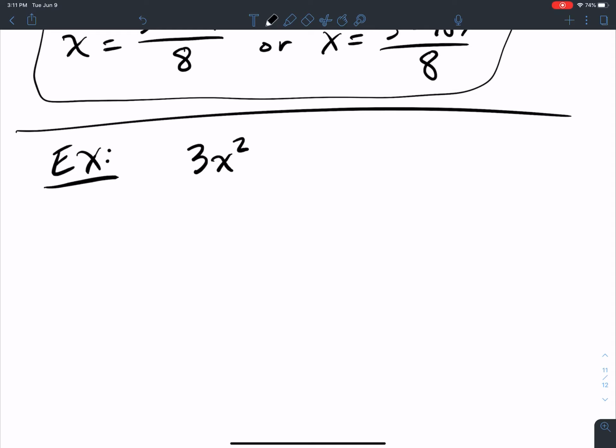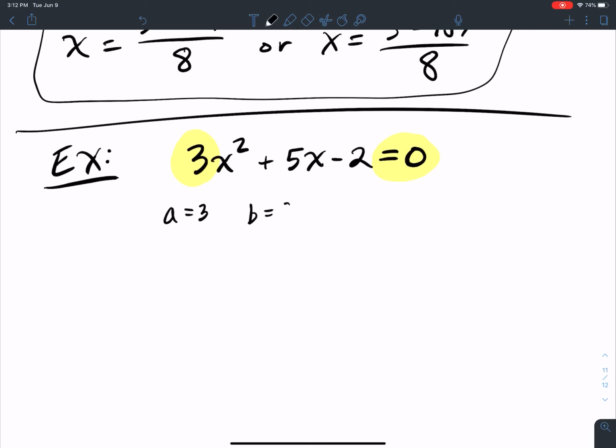3x squared plus 5x minus 2 equal to 0. Now, with this problem right here, well, it's already set equal to 0, so we're good there. And a is positive, so all we have to do is write out the terms. a is 3, b is 5, and c is negative 2.